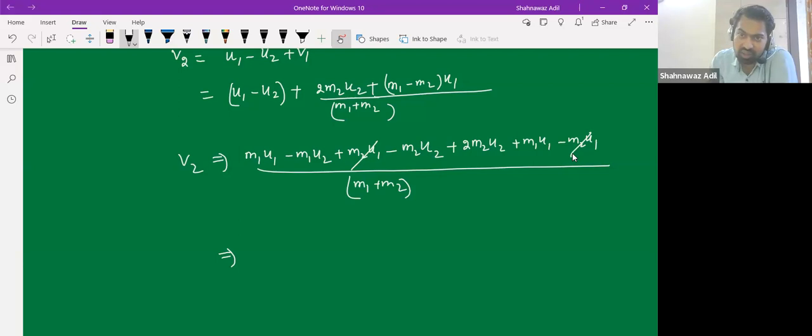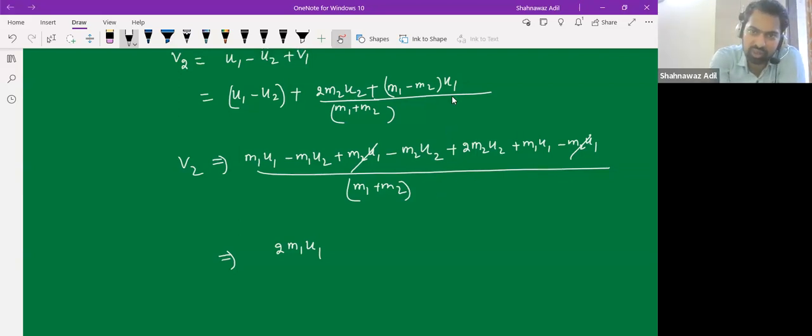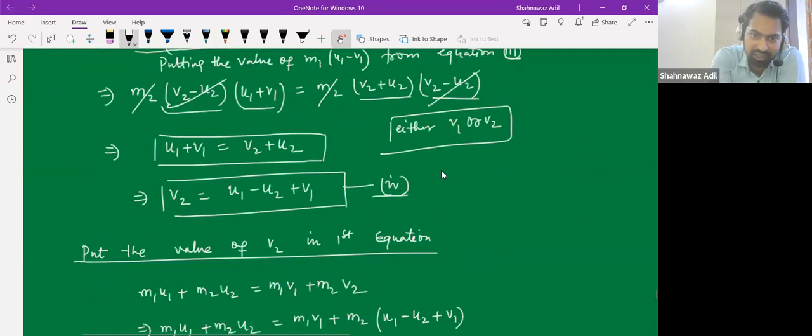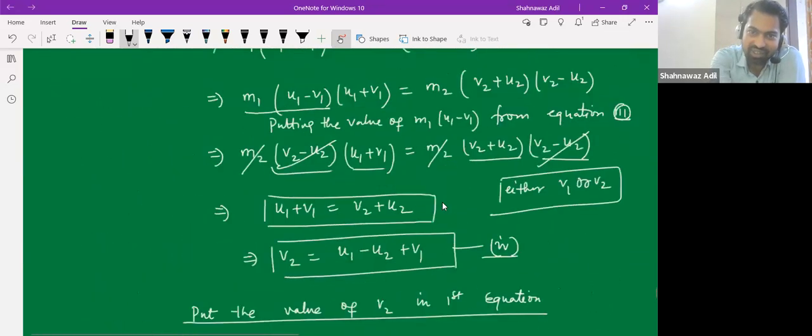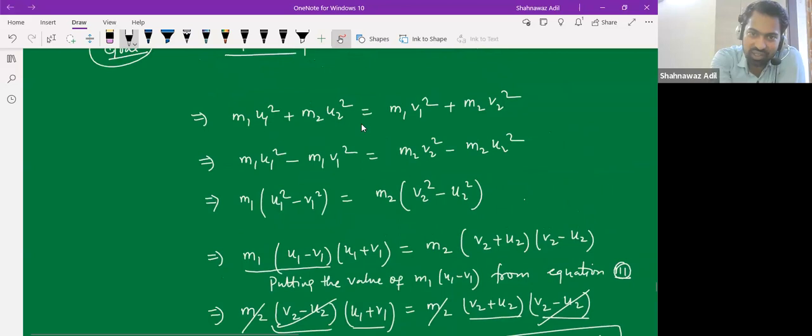And then this is 2 M1 U1 minus or plus. So we have this M1 U1 and then minus M1 U2. There is some problem with this, guys. Did I make a mistake?